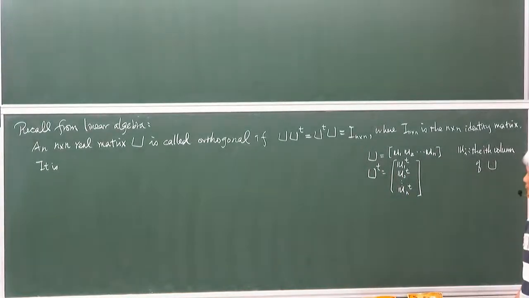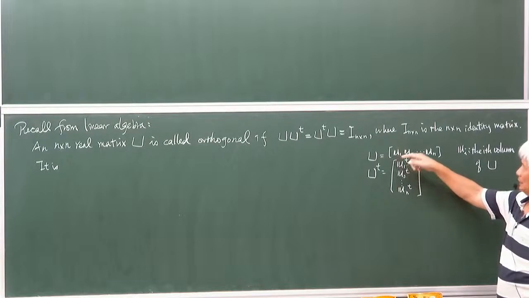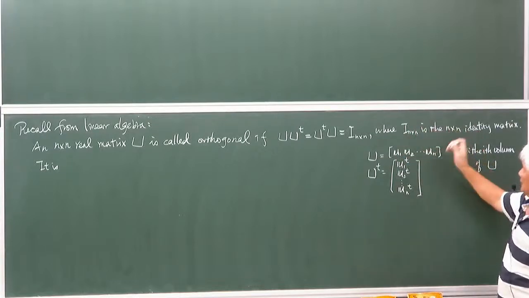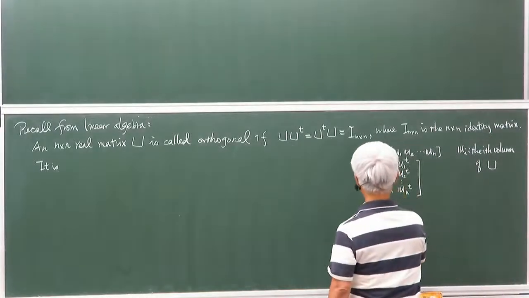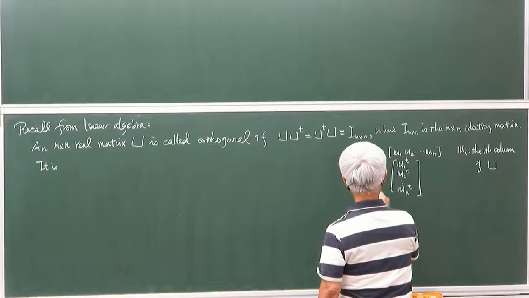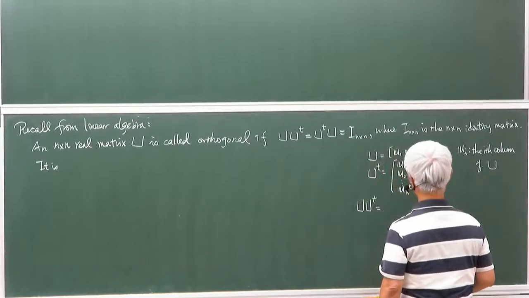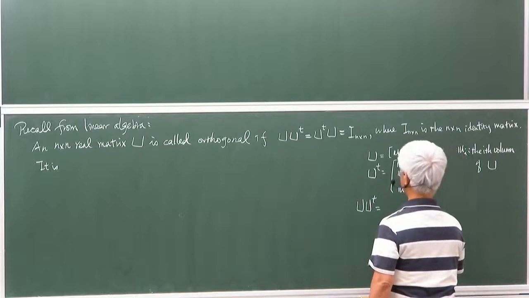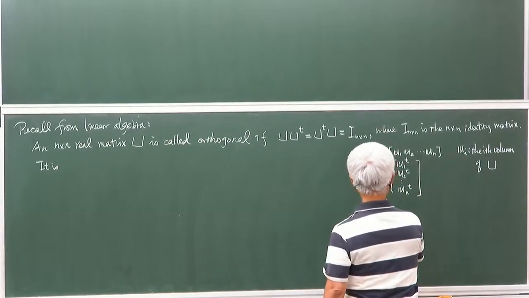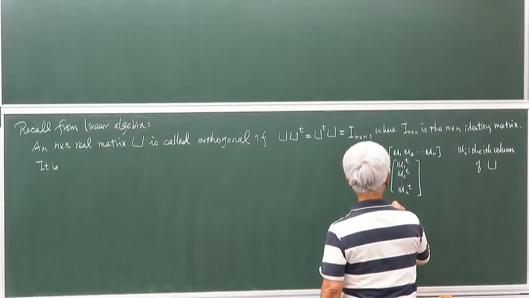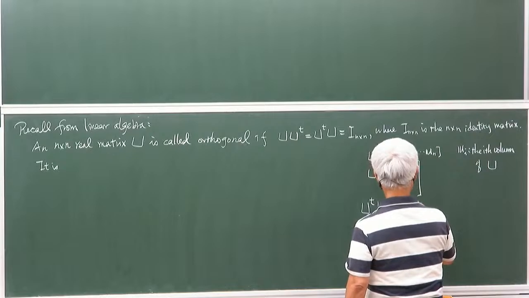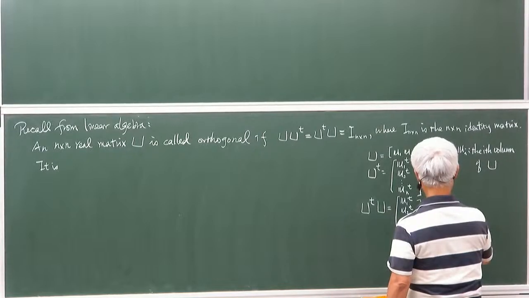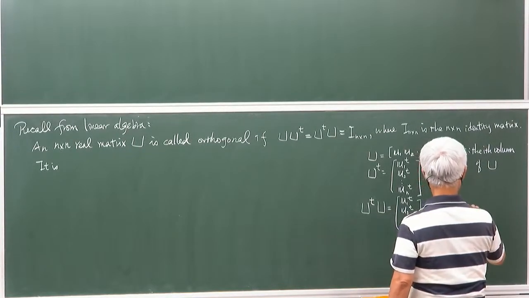U1 and so on are column vectors, and the transpose of a column vector becomes a row vector. Okay, so U transpose times U becomes U1T, U2T, up to UNT, multiplied with U1, U2, up to UN here.